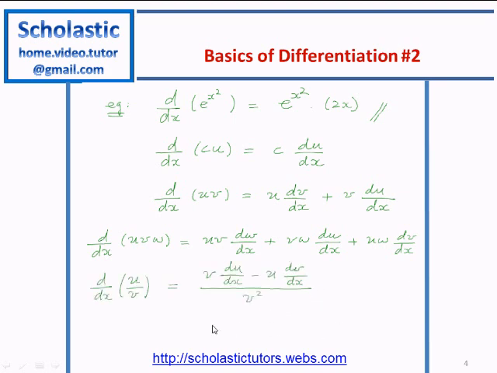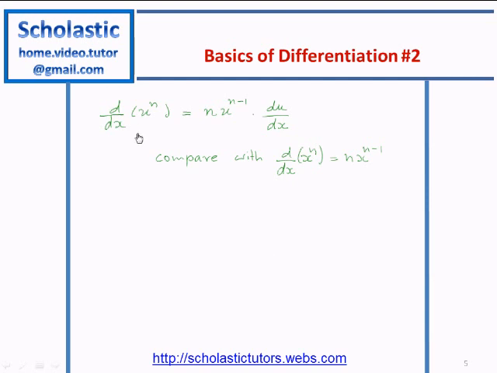And if it is a division of two functions, u over v, d over dx of u over v, then you can write it as: denominator v times du over dx, minus numerator u times dv by dx, divided by v squared.